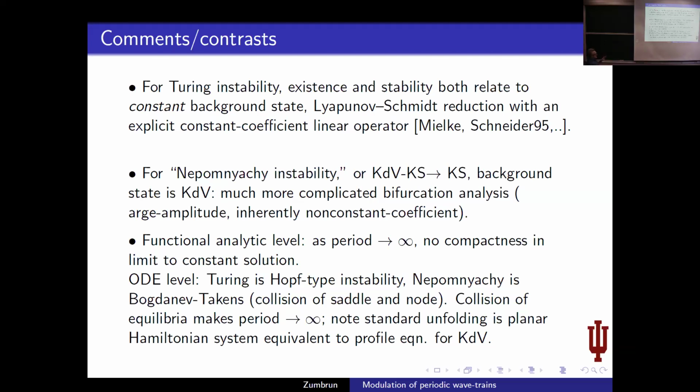Here, the background state is a singular limit. It's a rescaled state. It's these conoidal waves, but somehow spread out to infinity and shrunk down to nothing. So you have to do a rescaling, and you have to do a stability analysis for KdV, which is really, really hard.